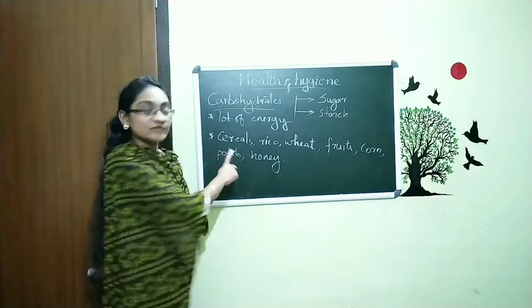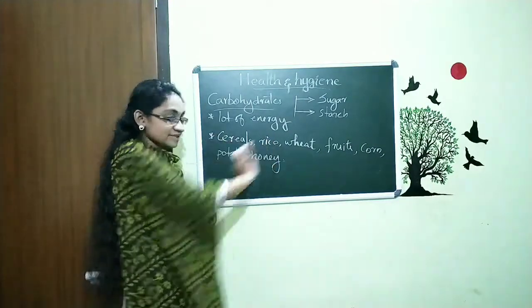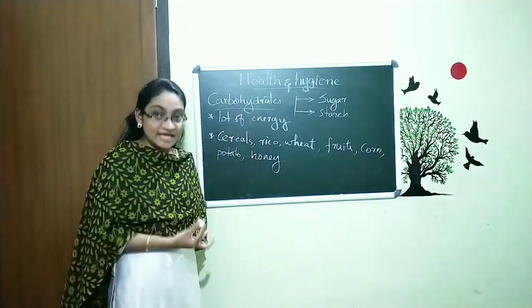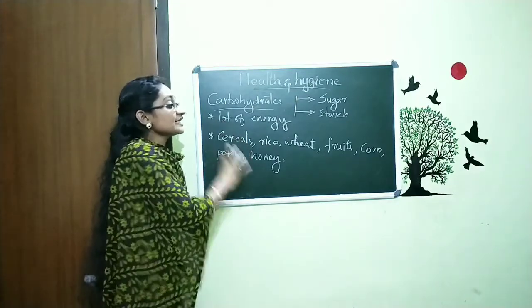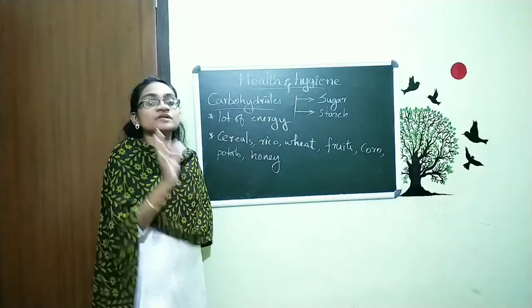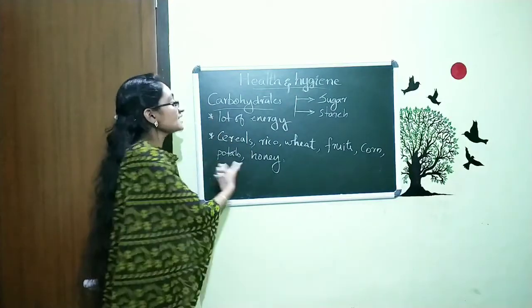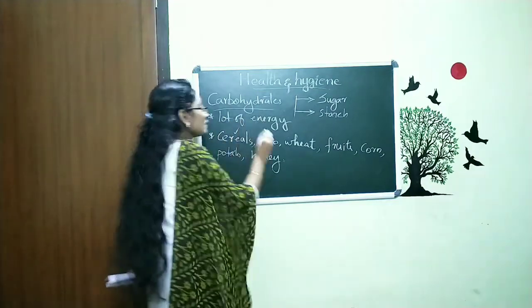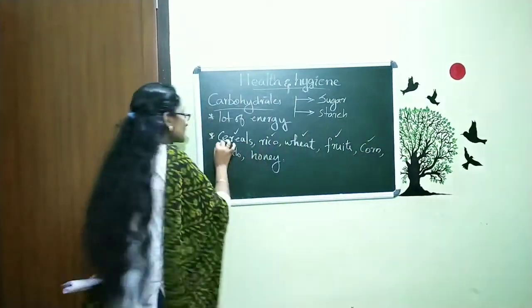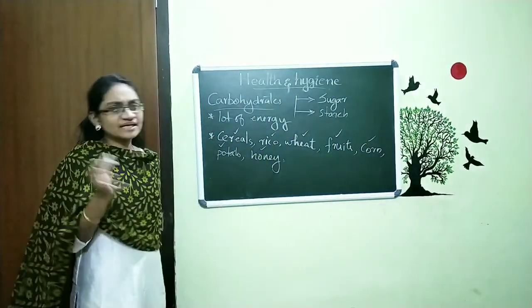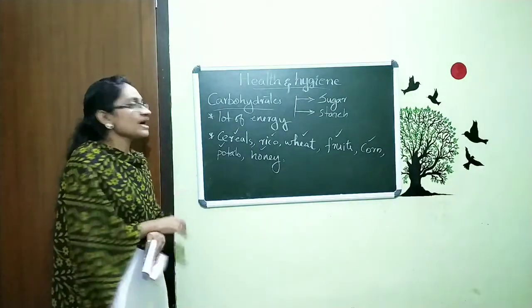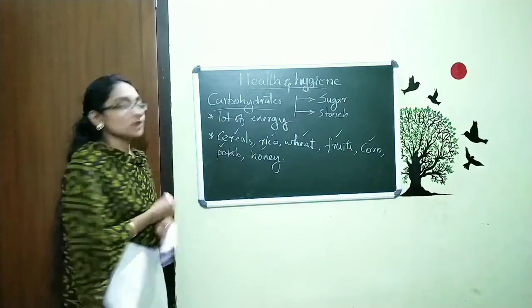You want to remember these examples. These examples are important. So these carbohydrates provide us a lot of energy. We are not saying that all food items have carbohydrates, only some of them, and the examples are cereals, rice, wheat, fruits, corn, potato, honey, etc. Moreover, you can refer to the net and find other examples of food which has carbohydrates.